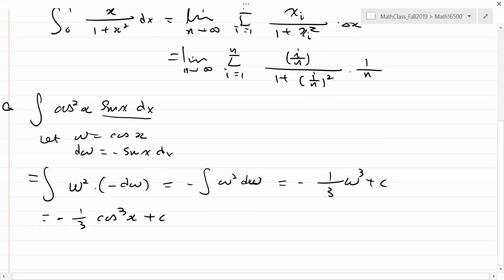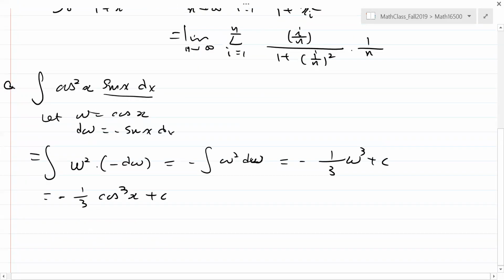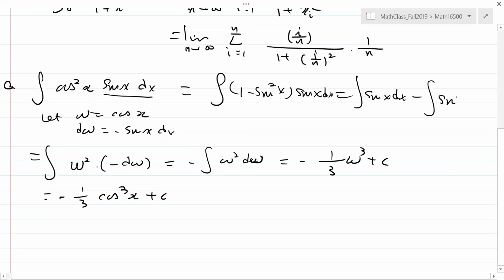Now what if I change it a little bit, still the same function, then it will be more complicated. For example, cosine squared is 1 minus sine squared x, so 1 minus sine squared x, times sine x dx. So you get the integral of sine x, then sine cubed x dx.